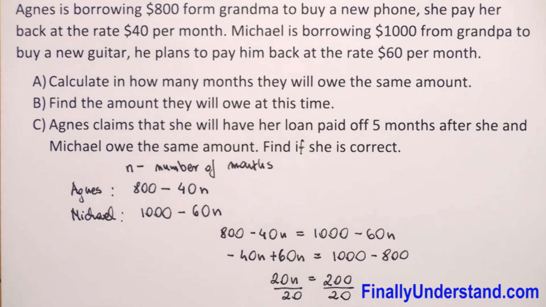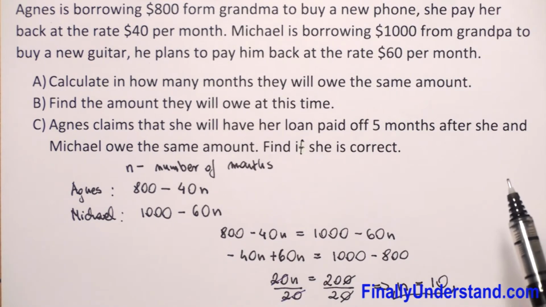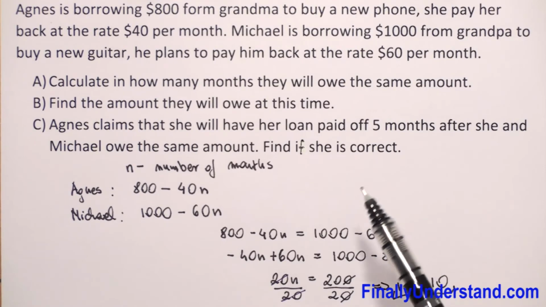Now 20 and 20 we can reduce, and we have that n is equal to 200 divided by 20. 0 and 0 we can reduce, 20 divided by 2 is 10. So after 10 months they will have the same amount to return to Grandma and Grandpa.